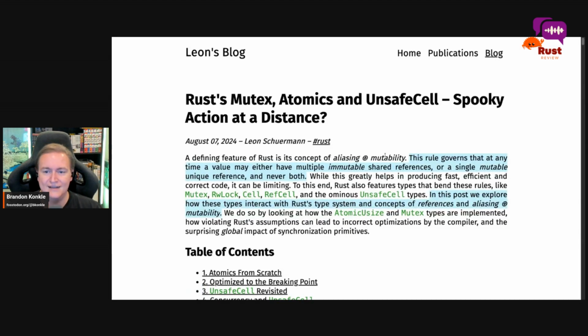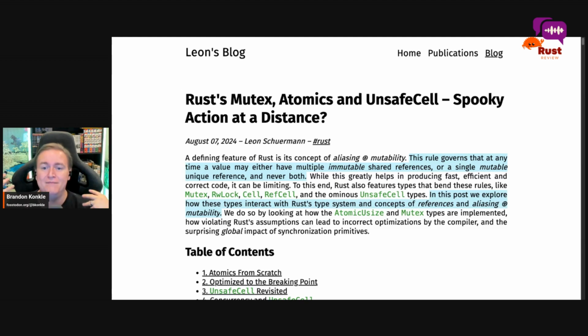All right. This article is fascinating to me. So this was written by Leon Sherman. He's a PhD student at Princeton. He goes in depth analyzing some rather surprising behavior that he encountered with UnsafeCell and atomics, and kind of talking about synchronization and the underlying assembly code that Rust generates that can have some pretty surprising behaviors that'll catch you off guard.